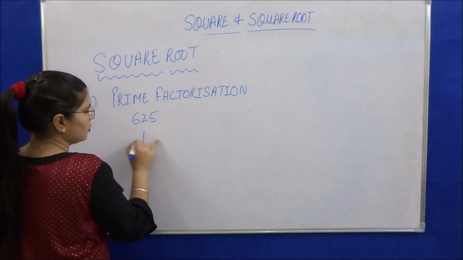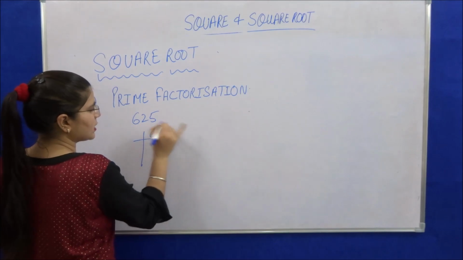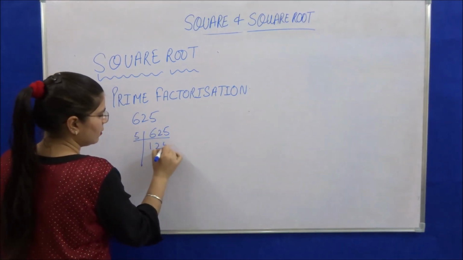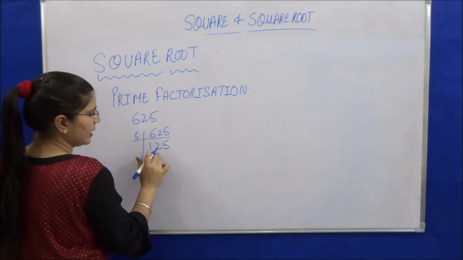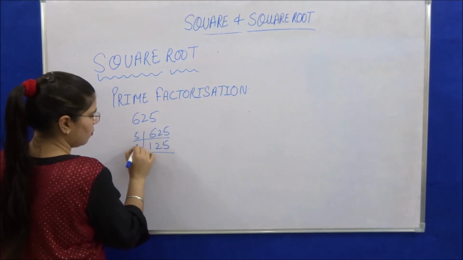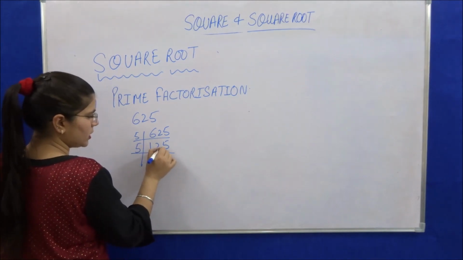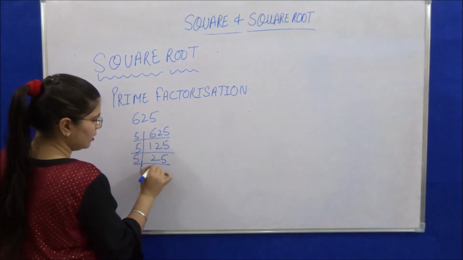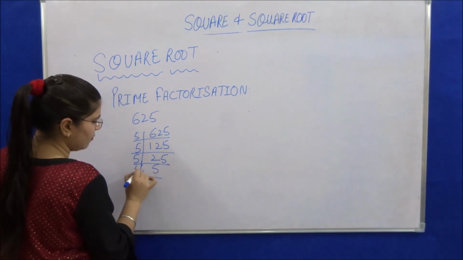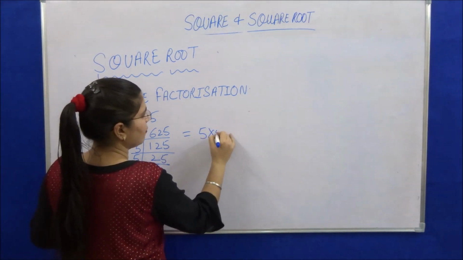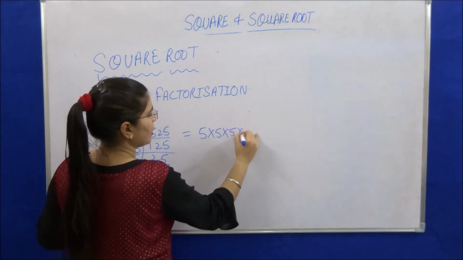The prime factorization of 625: 5 times 5 is 25, and 5 times 25 is 125, so 625 is 5 multiplied by 5 multiplied by 5 multiplied by 5.